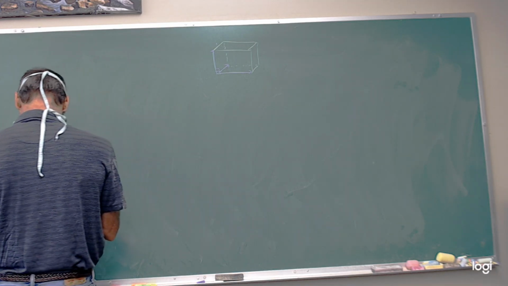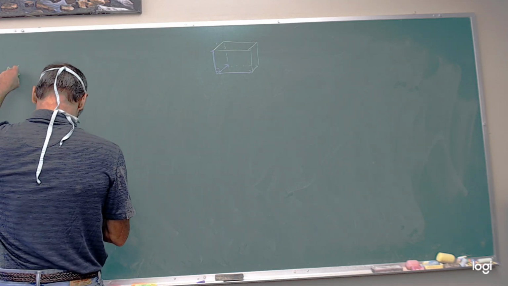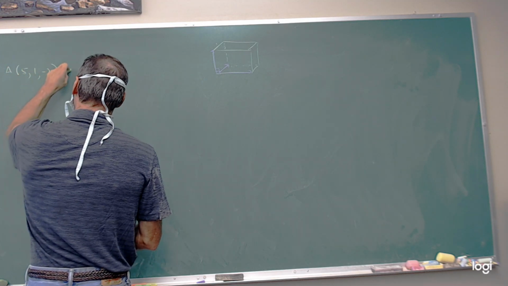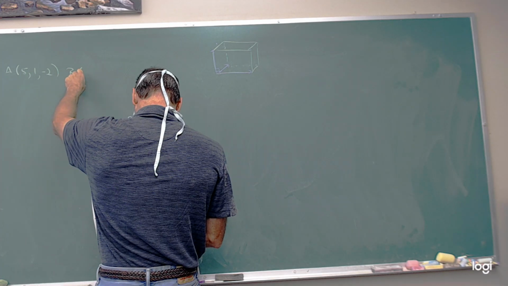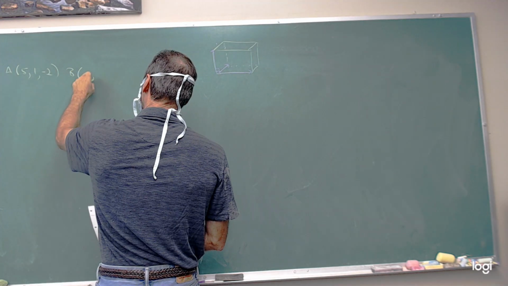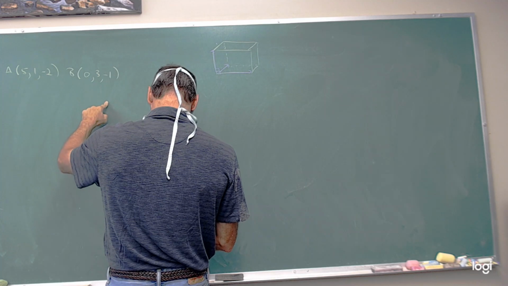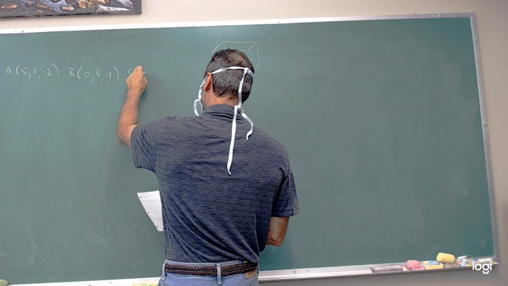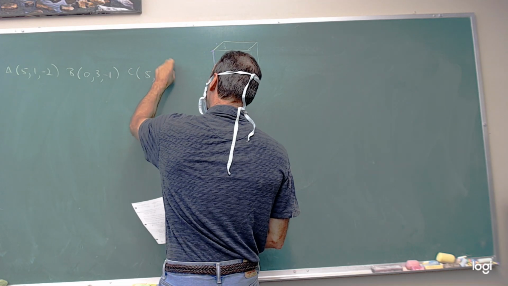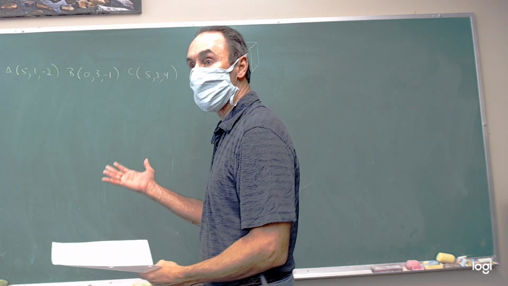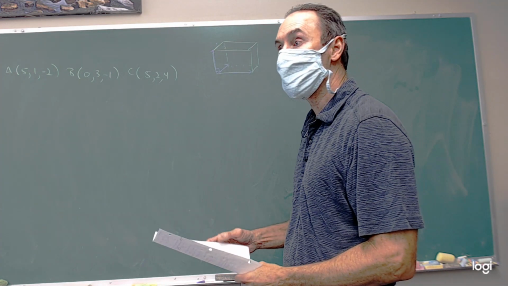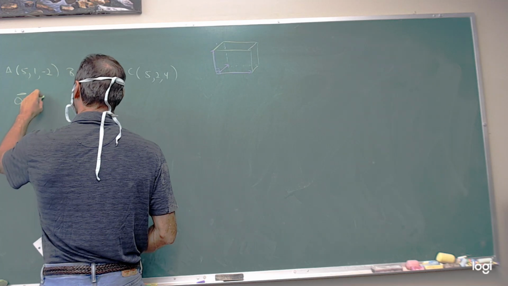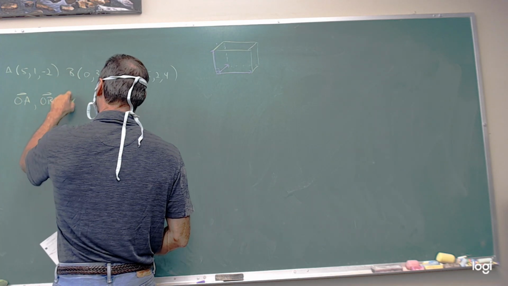So we have A is 5, 1, negative 2. B is 0, 3, negative 1. And C, these are now points, 5, 2, 4. But we're going to make them into vectors by going from the origin. So we're going to look at vectors OA, where O is the origin, OB, and OC.